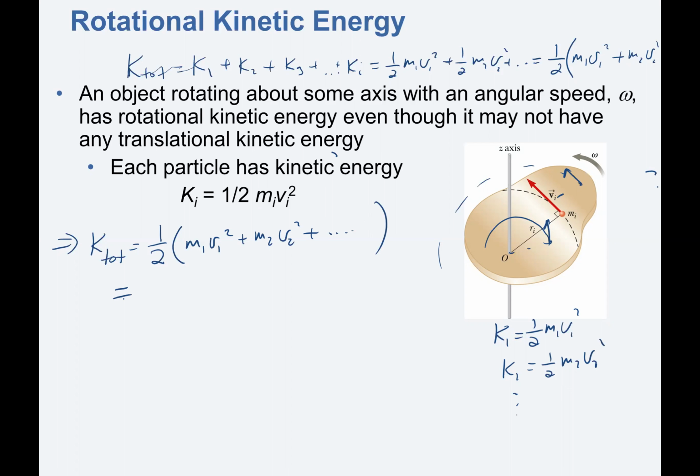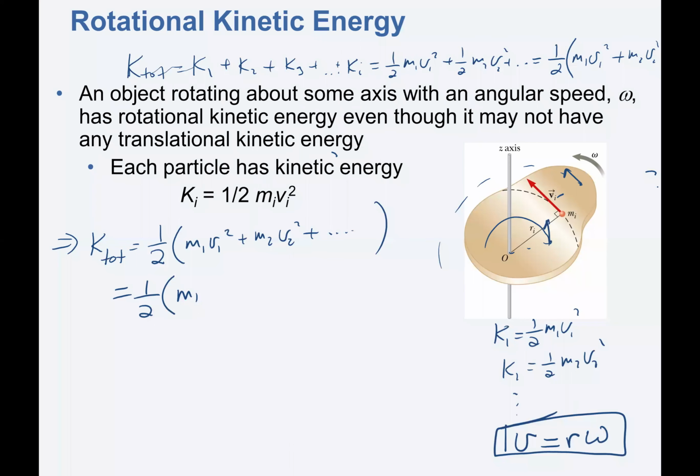But instead of using linear speed, I'm going to replace linear speed inside the parentheses with the angular speed. I can do that because linear speed equals position r times angular speed. I'm using this equation that relates linear and angular speed.